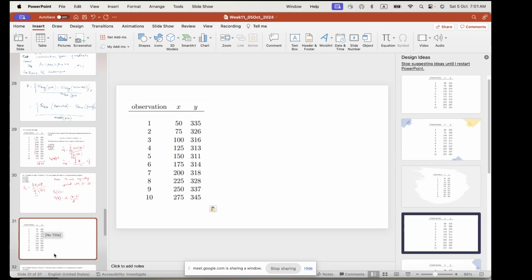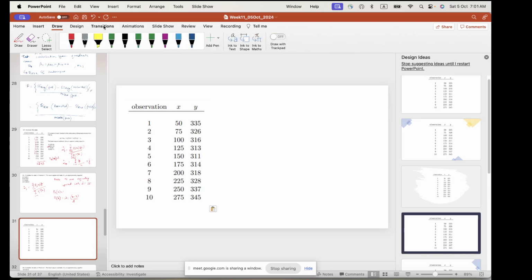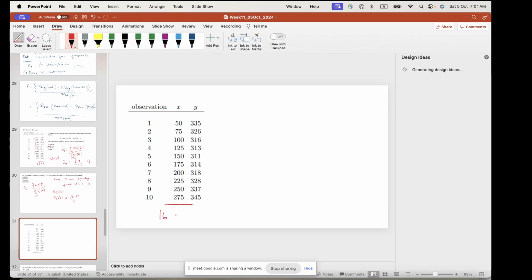So x bar is actually, summation xi is 1625.